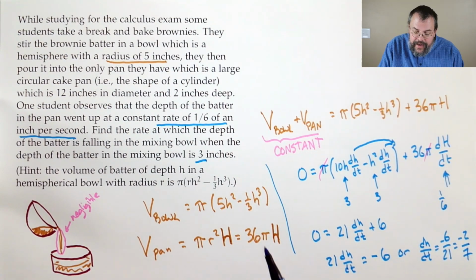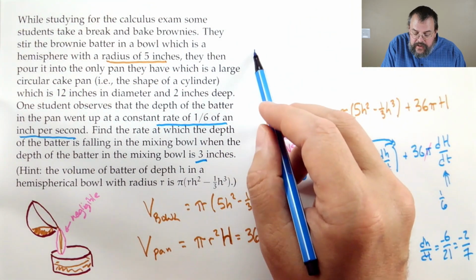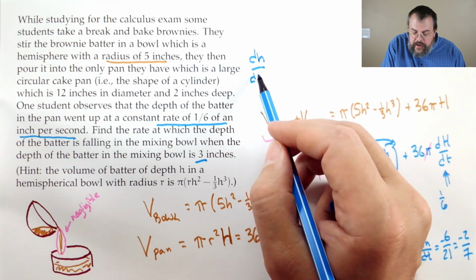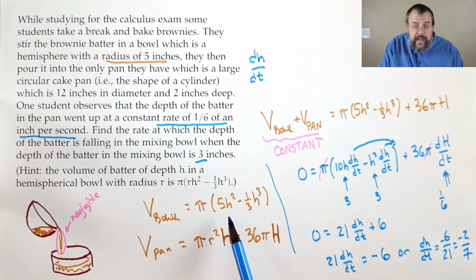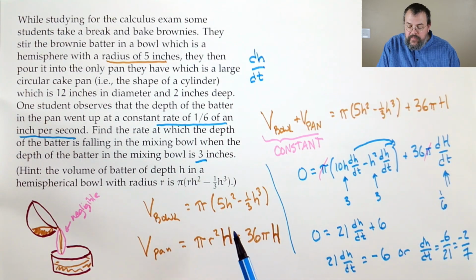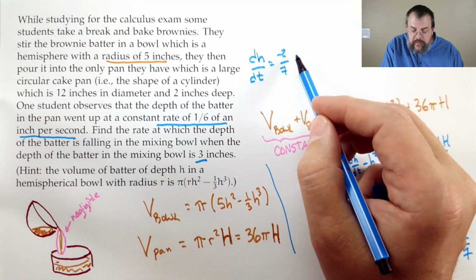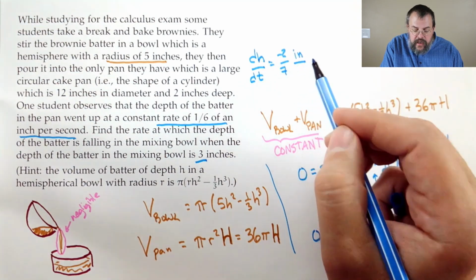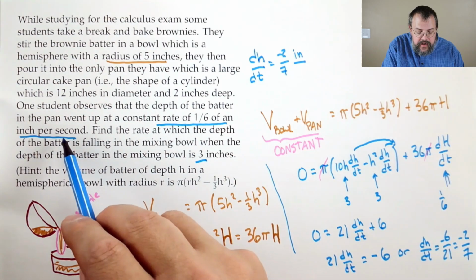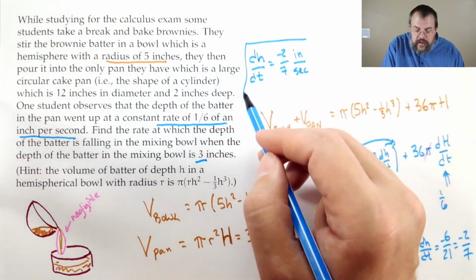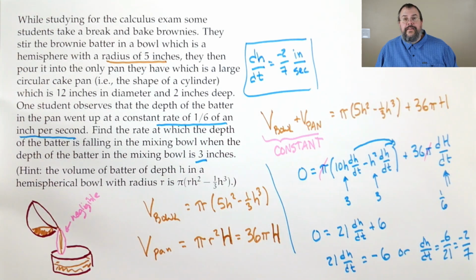So we can now say that the depth of the batter in the bowl, that's our little h, is changing at negative 2/7, and we can even include units. Everything was measured in inches, and our time was measured in seconds, so inches per second. And there we go. That's our answer.